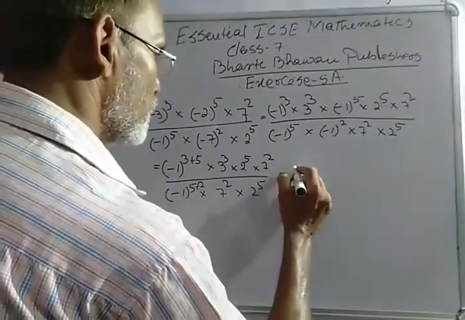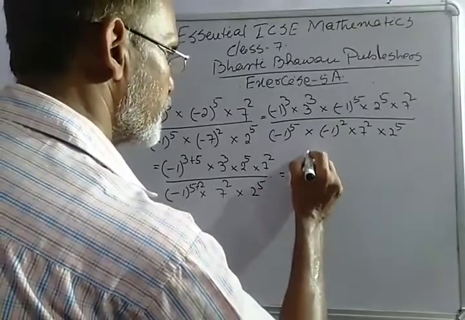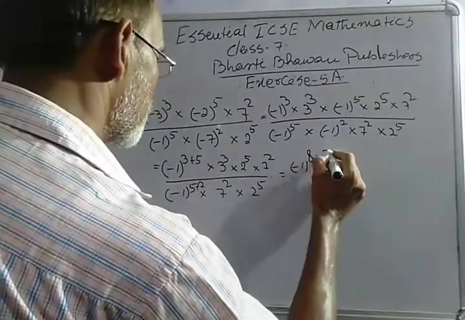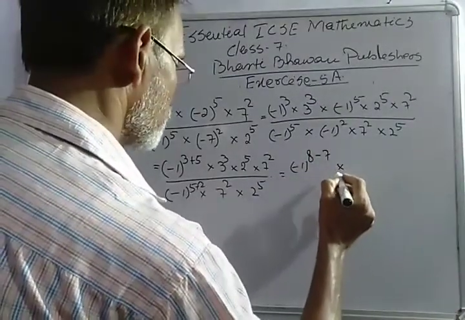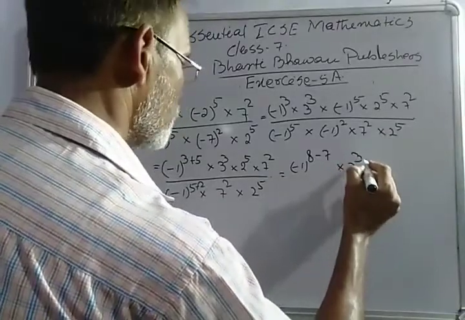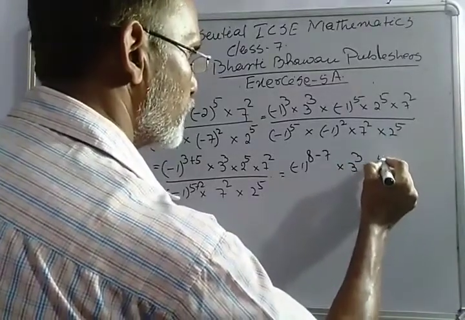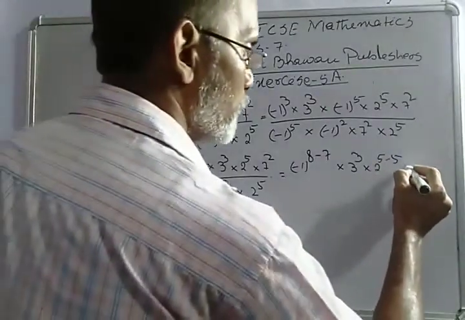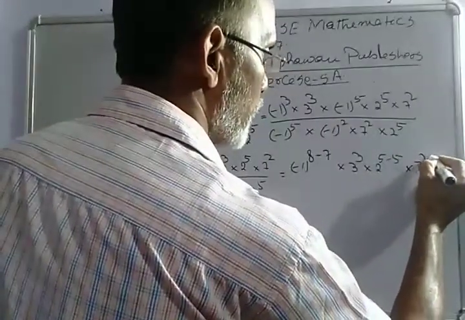So this is equal to (-1)^8 by (-1)^7 × 3^3 × 2^(5-5) × 7^(2-2).